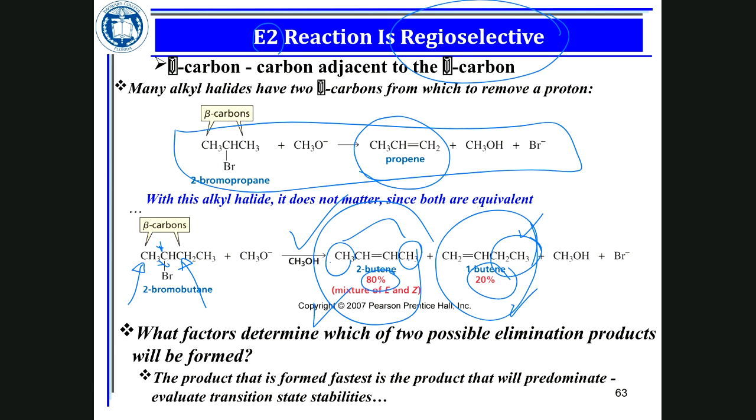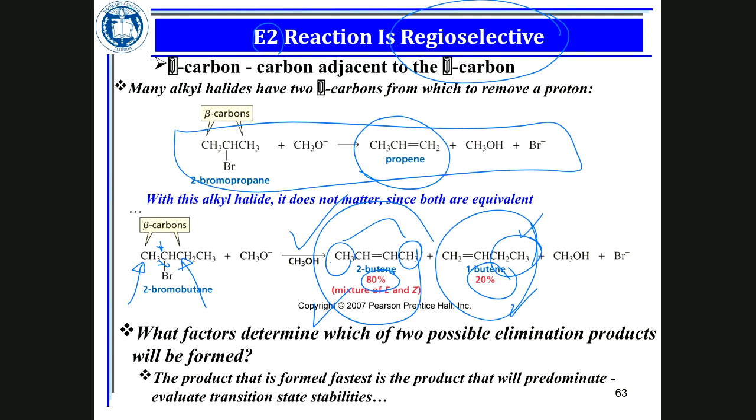More stable intermediate would yield major product. More stable product is going to yield major product also. Depends on what situation we are dealing with. For E1, we get carbocation, so we have intermediate. The product that is coming from tertiary is going to be faster.